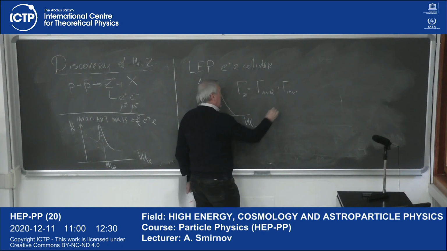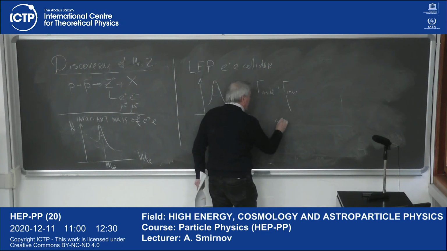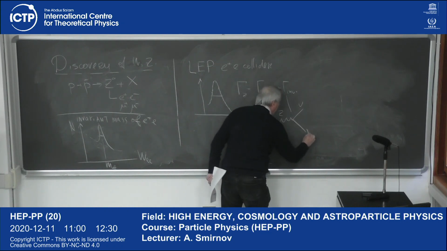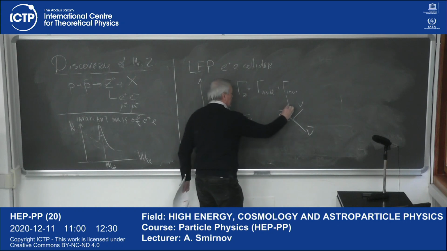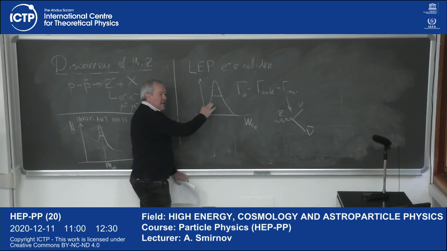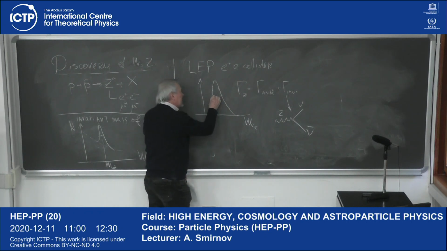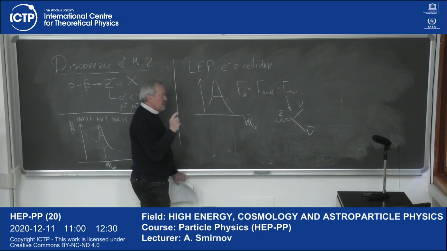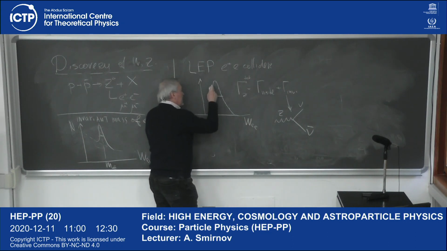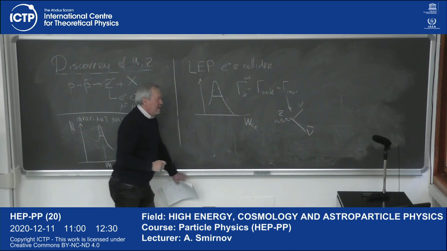And the invisible is due to the decay of Z0 into neutrino, antineutrino. So the peak for any mode, e plus e minus, mu plus mu minus, has the same width. Remember, it's the total width. So the total width is what gives you the width of the peak.